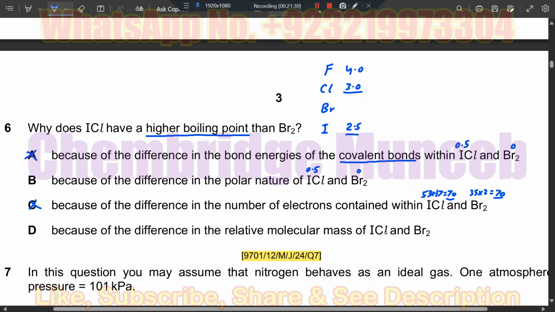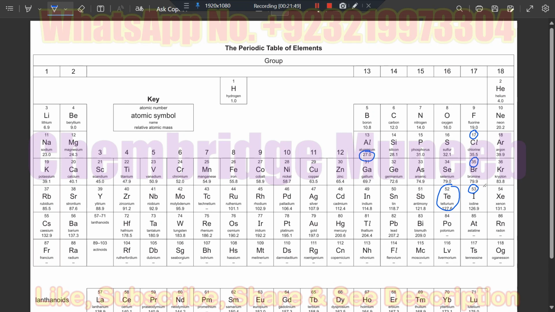And the D option says it is because of the difference in the relative molecular mass of ICl and Br2. So again, we can check their molecular masses because there is some connection with mass. If we have a very large molecule, then that compound must have a higher melting or boiling point. So let's calculate the relative molecular masses as well.